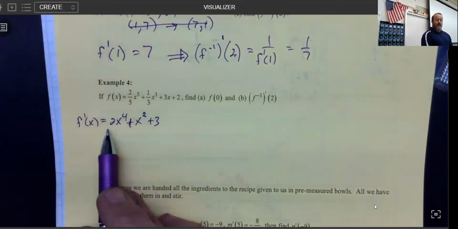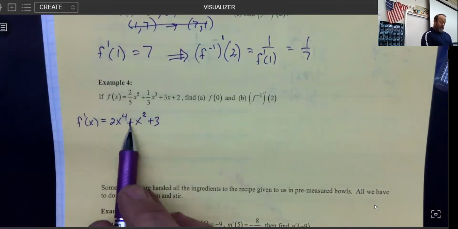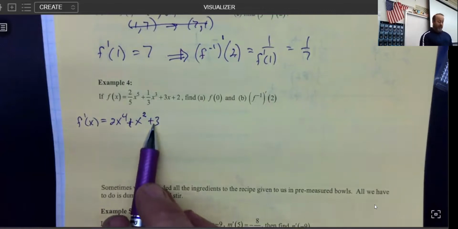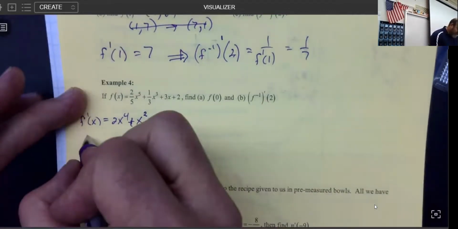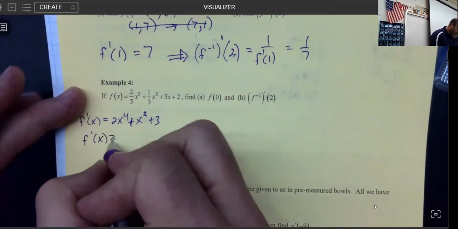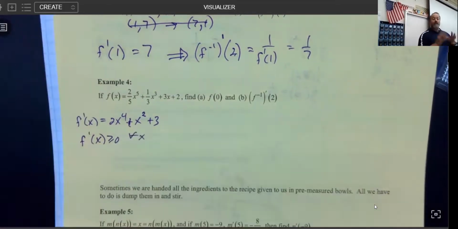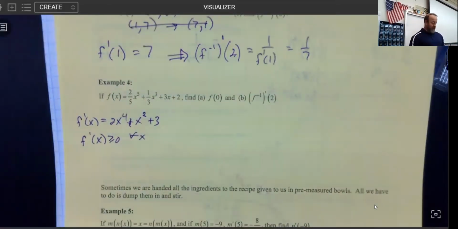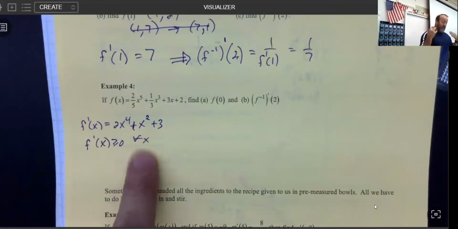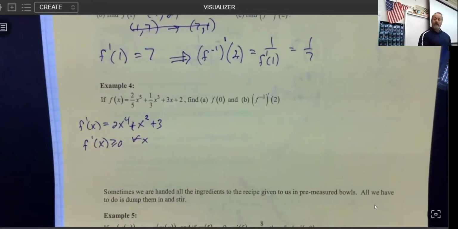So these numbers cannot be negative. They can only be 0 or positive. And then if I add 3, I can see that f prime of x is greater than or equal to 0 for all x values. For every x value, it is always above 0. So it's monotonic. It is 1 to 1. I don't have to worry about it, so we should be good.